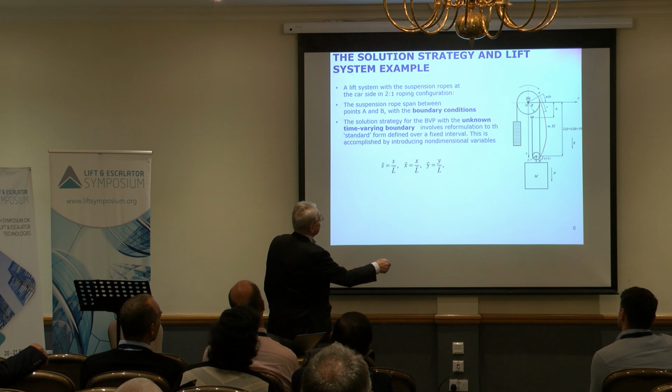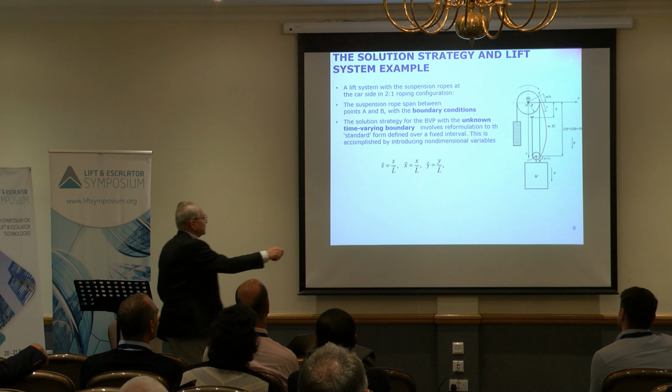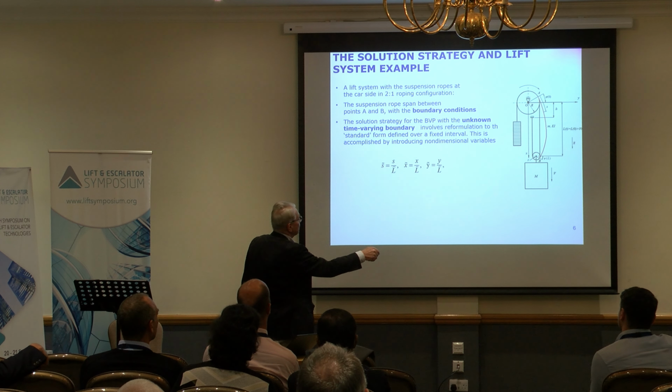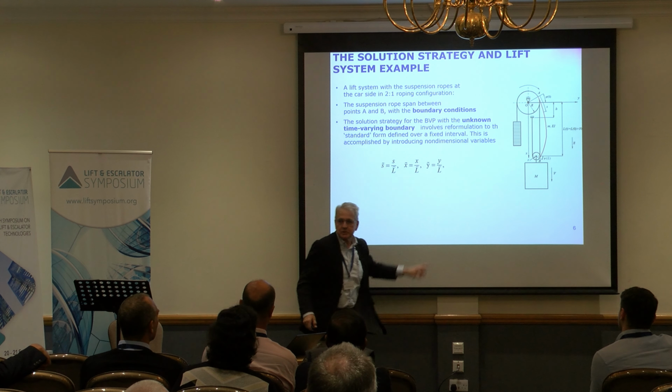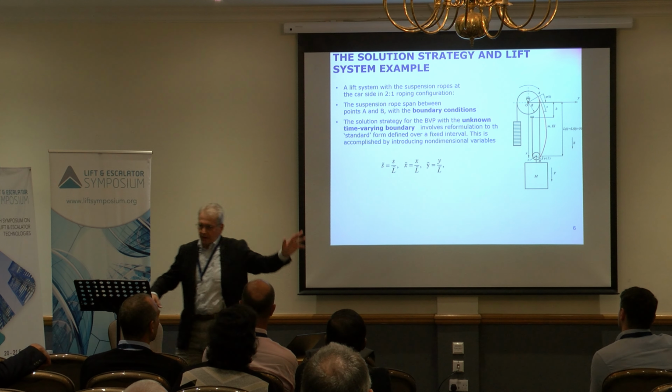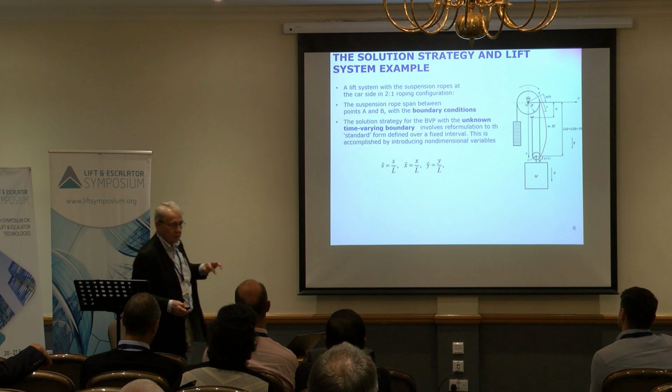Again, we've got a shift of the contact point, and we're looking at the arc of the rope between 2 points, point A at the top and point B at the bottom. Here's a smaller pulley, which is a diverter pulley at the car, and there's a traction sheave. So the rope is being bent over the traction sheave and over the pulley.